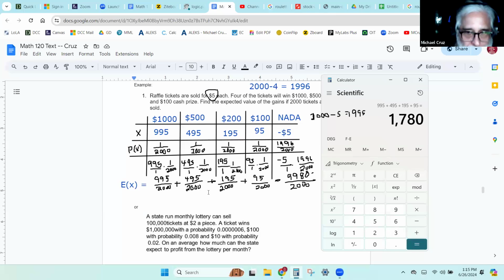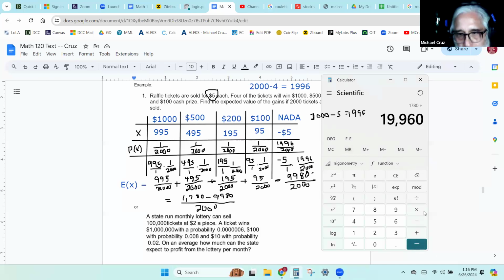That's the positive ones now, right? So 1,780 minus the 9,980 all over the 2,000. Okay, so I'm going to divide this by the 2,000.